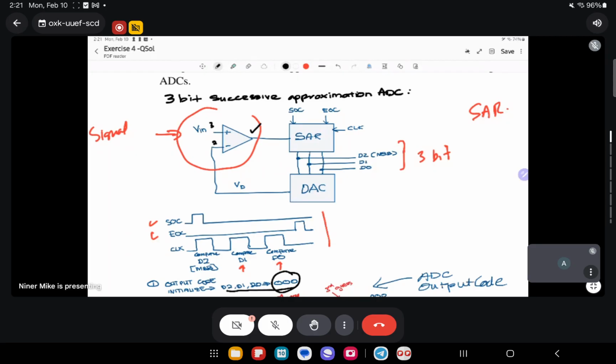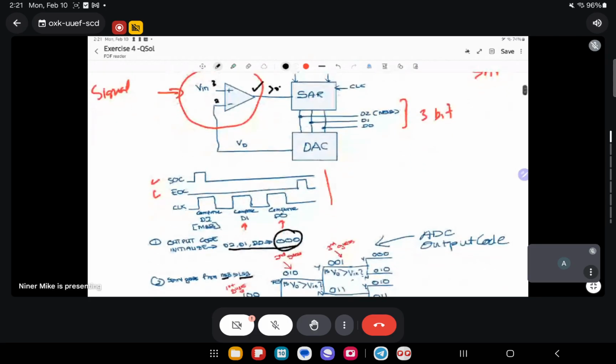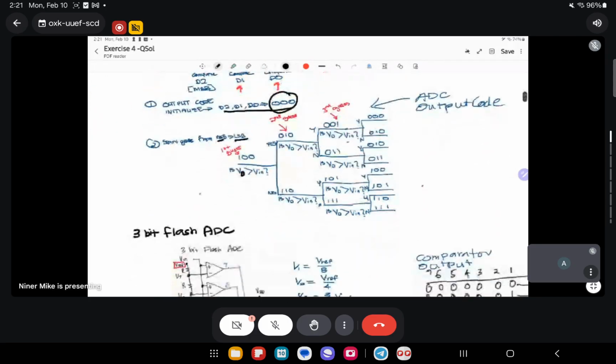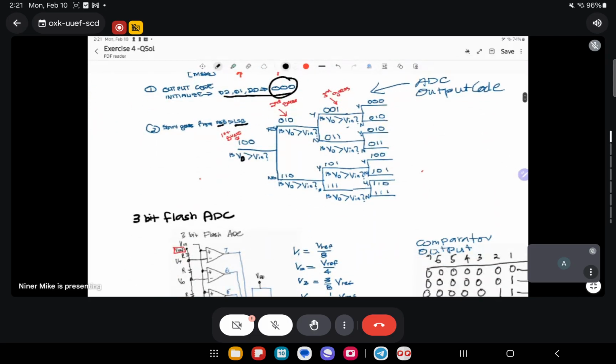This is just a comparison. This must be greater than 0, right? It's not negative, so that's the way it is compared. So whether VD is greater than V in, yes, then this one is considered 0 for the bit.